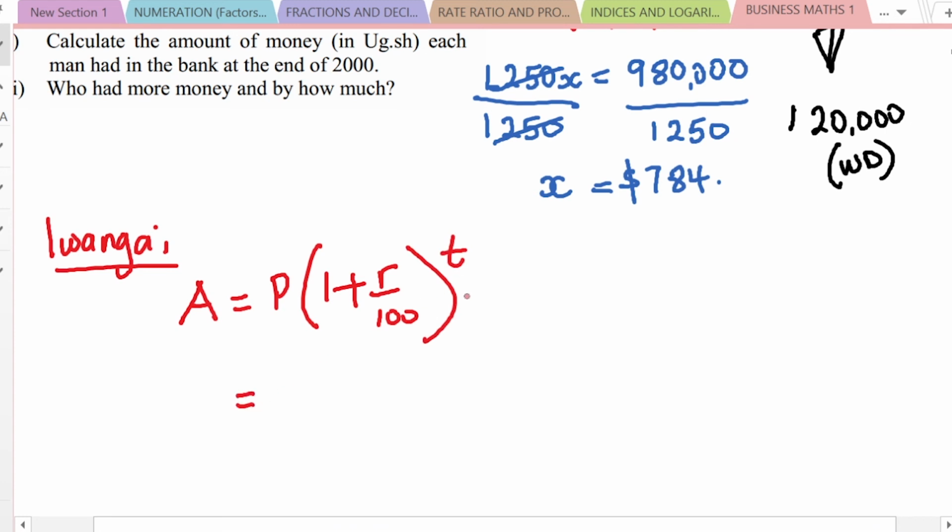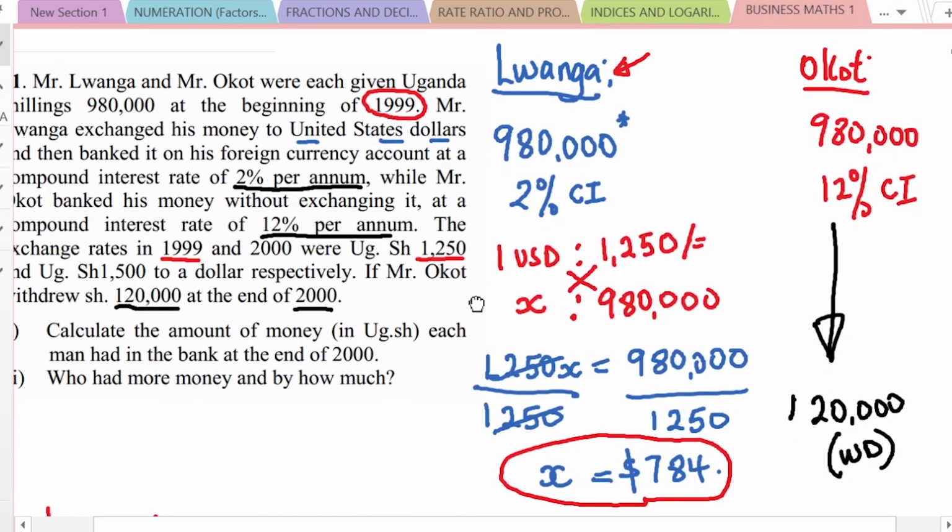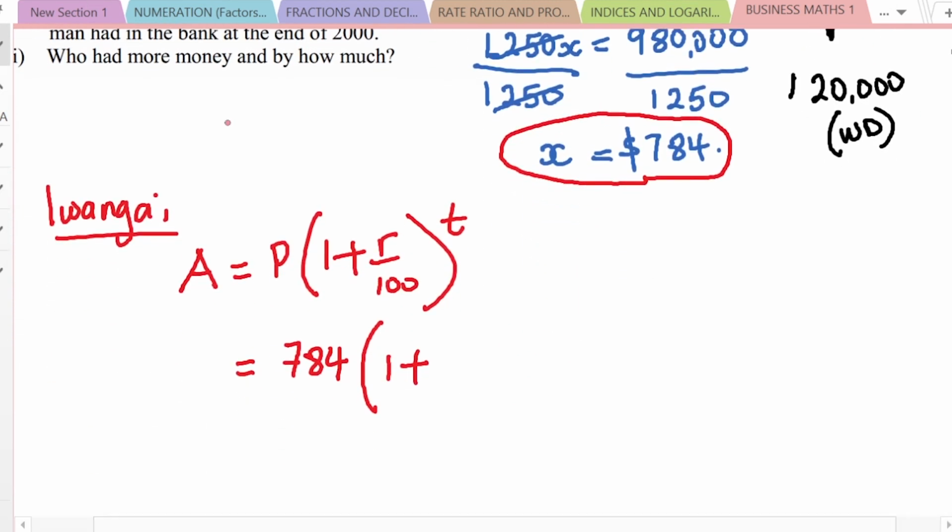The principal for Luanga, remember, is what he banks in 1999, which is $784, into 1 plus the rate. The compound interest rate for him was 2%, so it's going to become 2 over 100, to the power of 2 years.